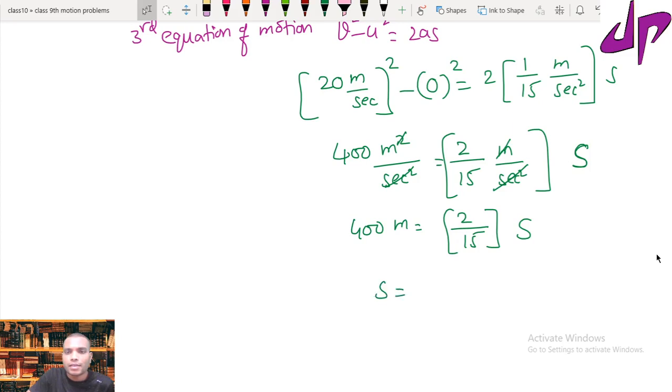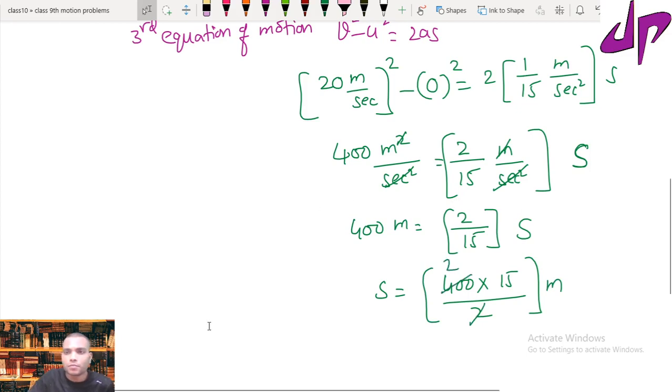So you can write s equal to 400 times 15 upon 2 meter. Now you can cut these two values, 200. So the final value, s equal to 200 times 15, it gives me 3000 meter.